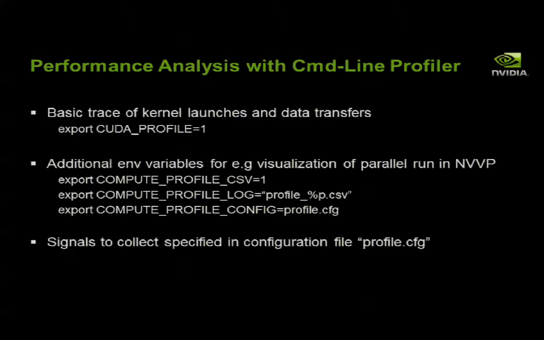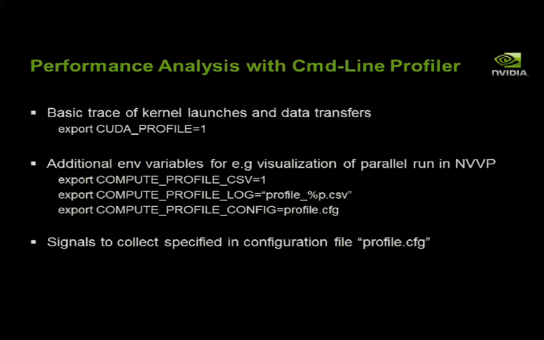The first one is to set the environment variable CSV, that's comma separated values. So basically, instead of a verbose output, it will produce just a comma separated value table in the output file of the individual events that it has been looking at.